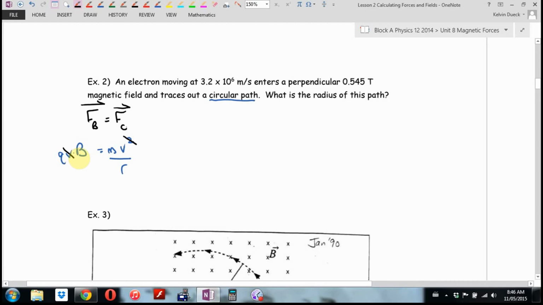What's this question wanting me to find? Oh, let's get the r by itself. It's on the bottom. I don't like that. How can I get it to the top? Let's move the r to there. I think we'll get this. r equals mv all over qB.